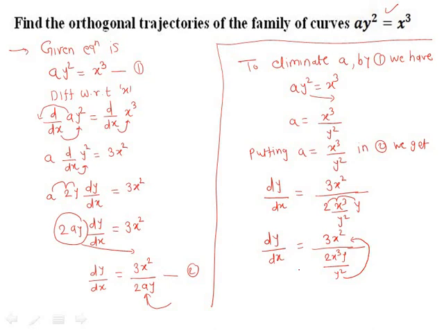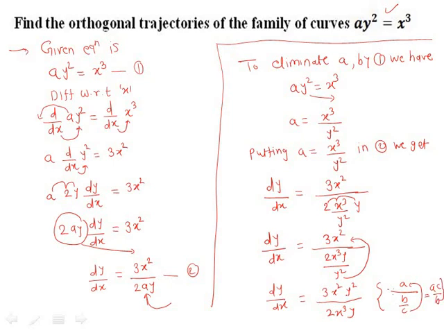So it becomes 3x square into y square upon 2x cube y. As we know, if the term is like a whole divided by b divided by c, then this c will transfer to the numerator.